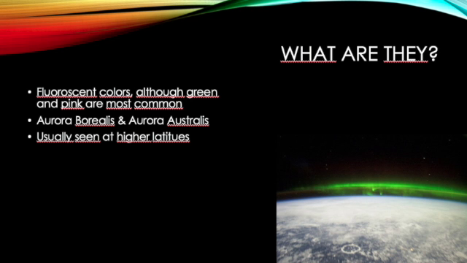They are usually seen above both magnetic poles and appear in many colors. Green and pink are the most commonly seen. Later, I will explain why.